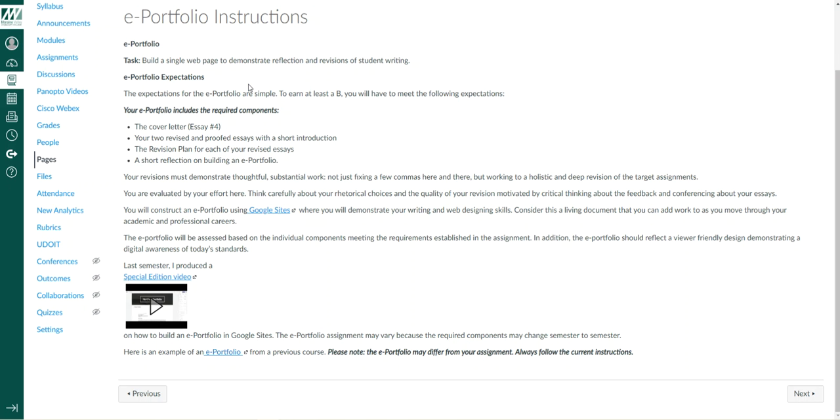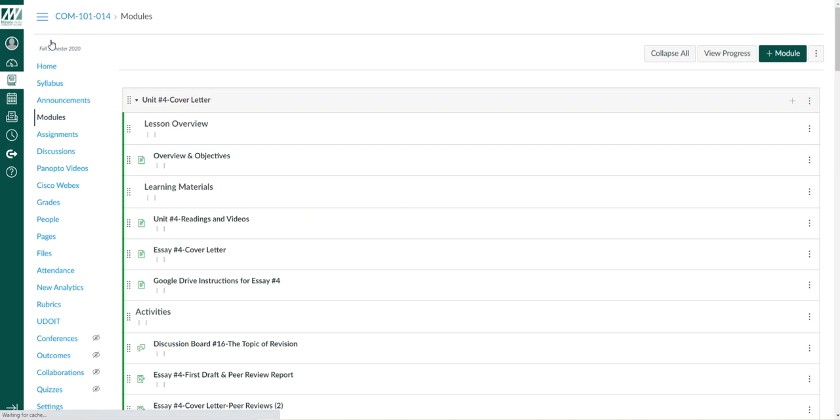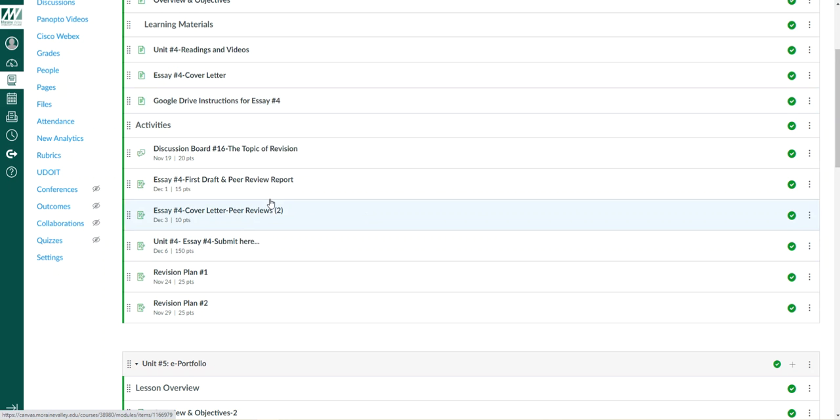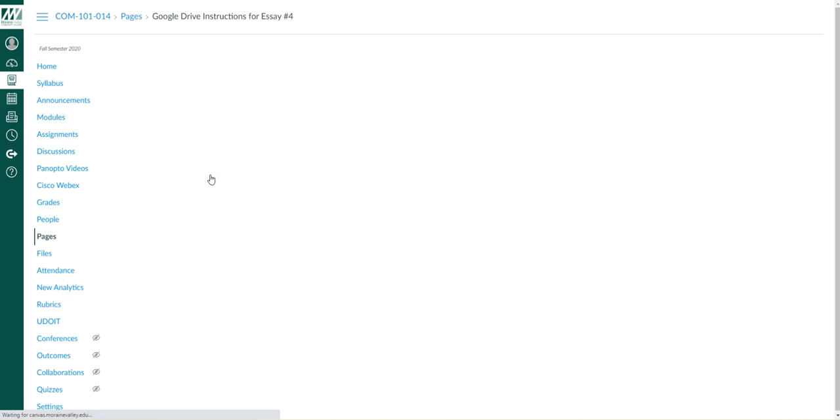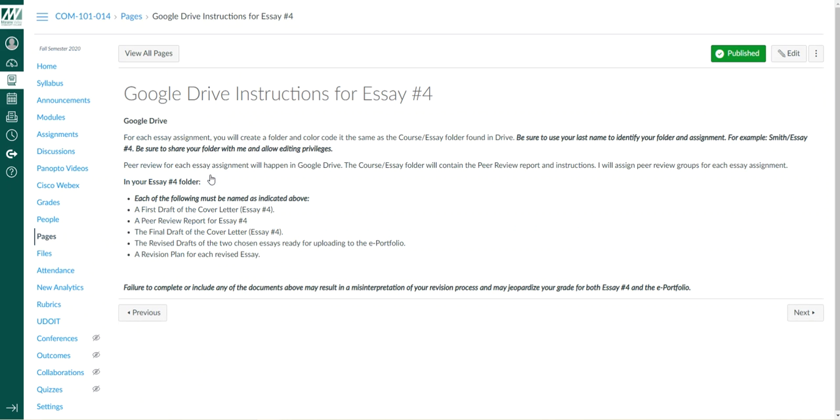Now, to build this, one thing I do want to point out, and let me get back to the module section here and get to module 4. Let's see, Google Drive instructions. One thing that is really critical, and it's the reason why I have these elaborate Google Drive instructions. I want to emphasize here that these are the documents that should be in the folder.